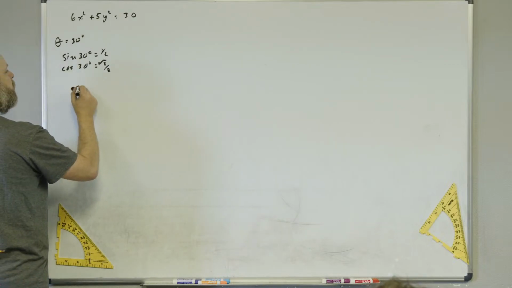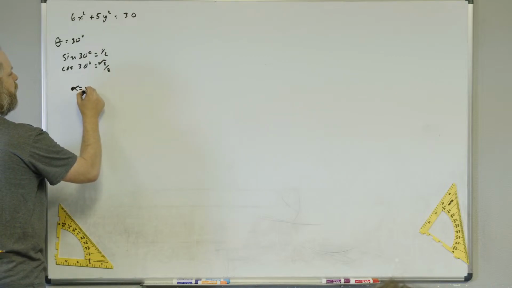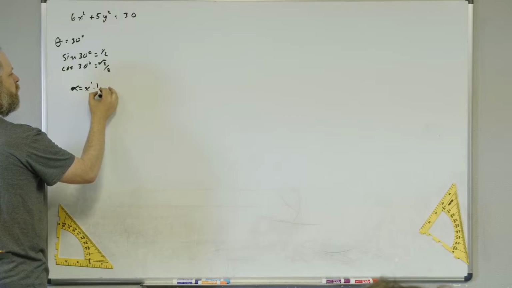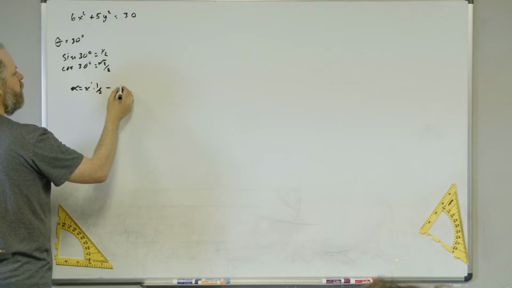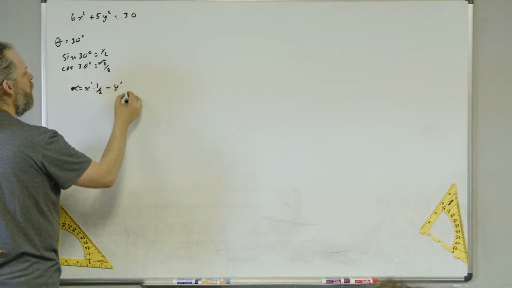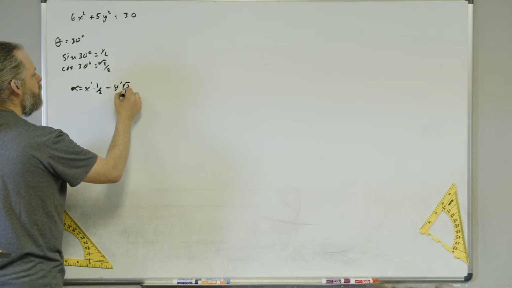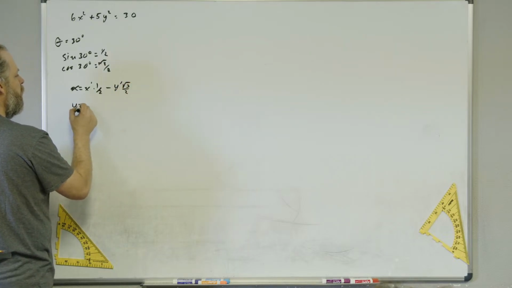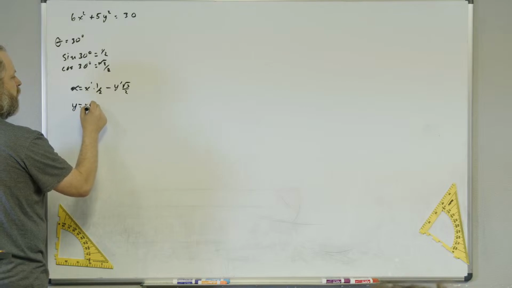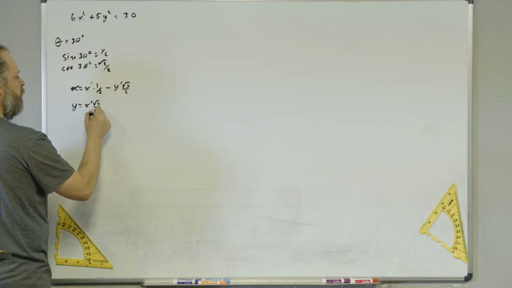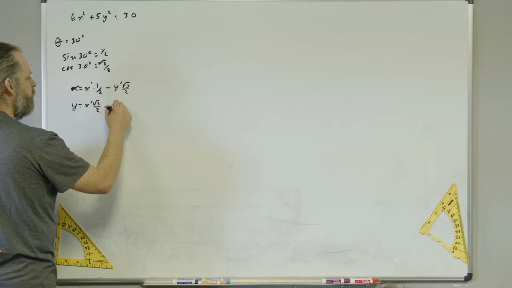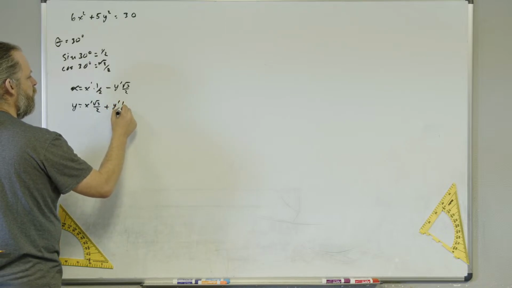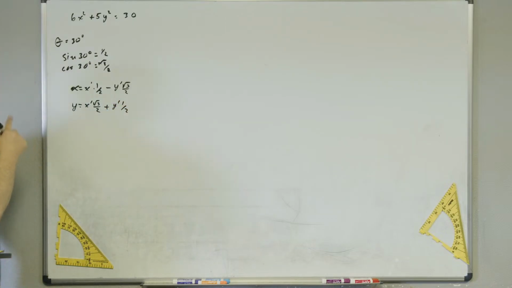So x equals x prime times 1/2 minus y prime times the square root of 3 over 2, and y equals x prime times square root of 3 over 2 plus y prime times 1/2. Plug those in up there.